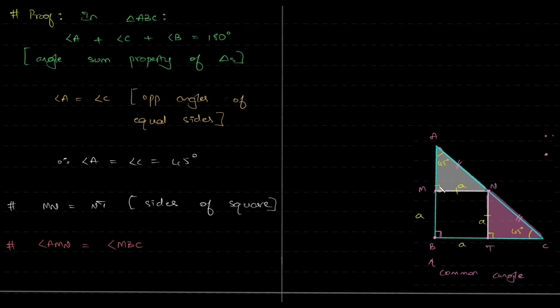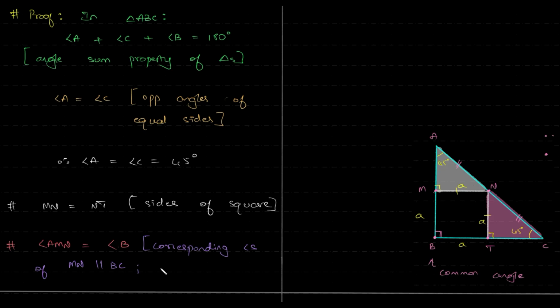So these two angles are 90 degrees, or angle B, I can call it that also. So they are equal because they are corresponding angles of MN and BC being parallel lines, right?